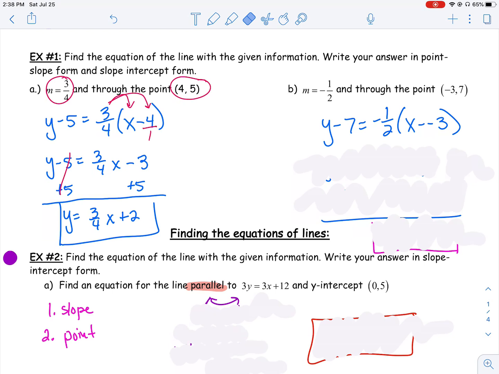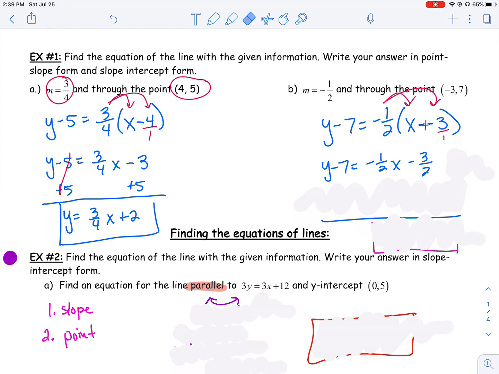You know that I have a minus in my formula and I'm plugging in a -3. Remember that those two negatives make a positive. And now I can go ahead and distribute this -1/2 through. When I do that, I end up with the equation y minus 7 equals -1/2 x minus, because a negative times a positive is a negative, 3/2.